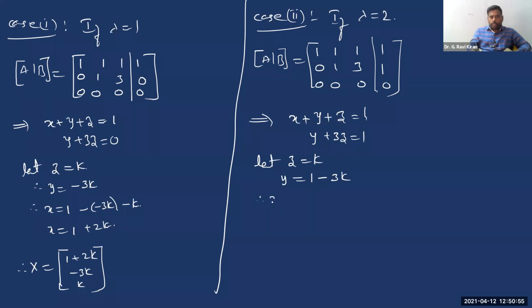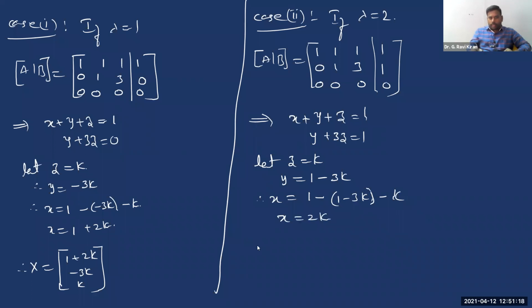Therefore, we'll get the value of x as 1 minus y minus z. So 1 minus y is this time 1 minus 3k, minus z is k. If you simplify this, 1 minus 1 is 0, and then minus of minus 3k minus k, so we'll get the value of x as simply 2k.